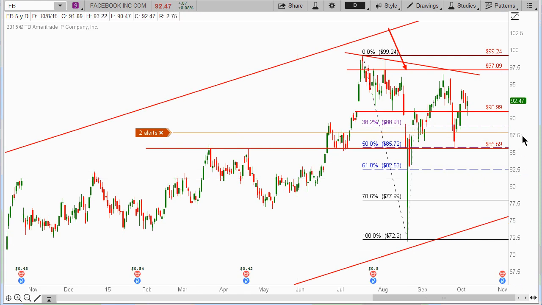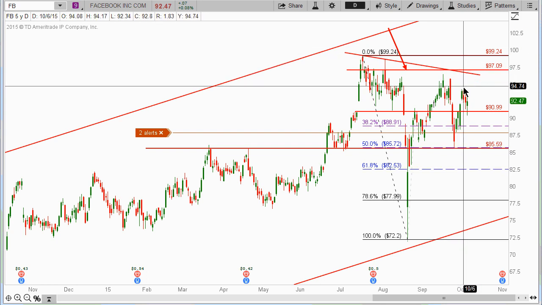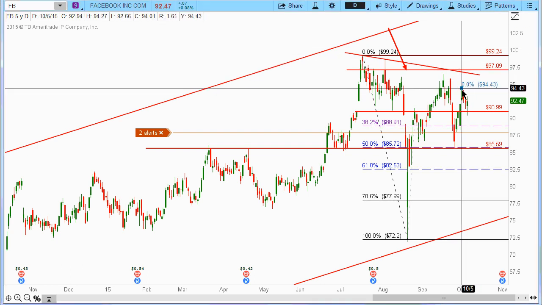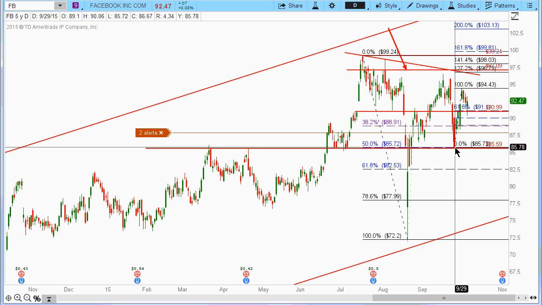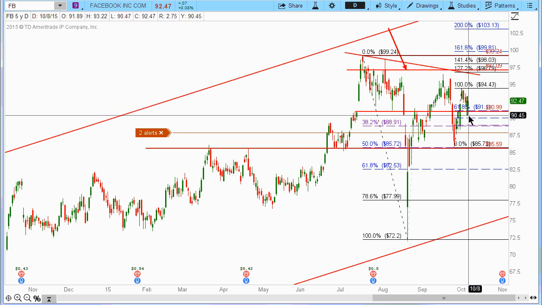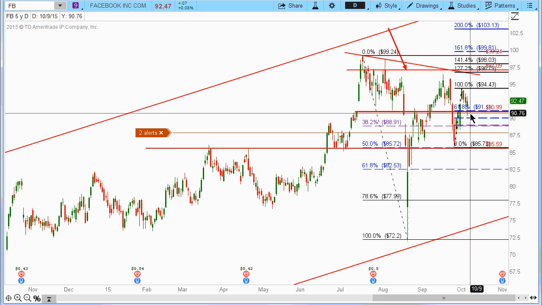Okay, and then we got Facebook. Facebook also did not do too well. It's only up like 7 cents. But it did hold above this 91 level. So we've got to see if it can get a little bounce back up off the 91, because if we look at this here, and let's say we have a little bit of a Fibonacci retracement, and it is coming back down to maybe the 50% level of the 618.